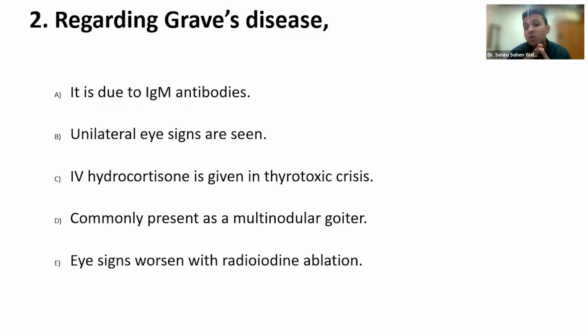Whenever you encounter a patient with thyrotoxicosis, you get your smartphone, open your MedCalc app, and see whether the patient is in an impending thyroid storm or a thyroid storm by putting in all the patient's parameters. If the score is above a certain level, the patient is in an impending thyroid storm or thyroid storm and has to be managed like that.